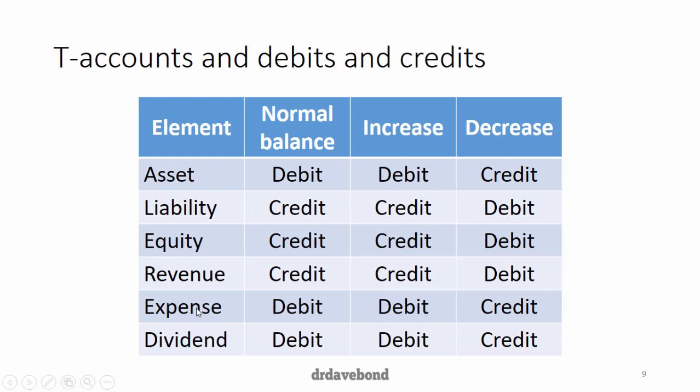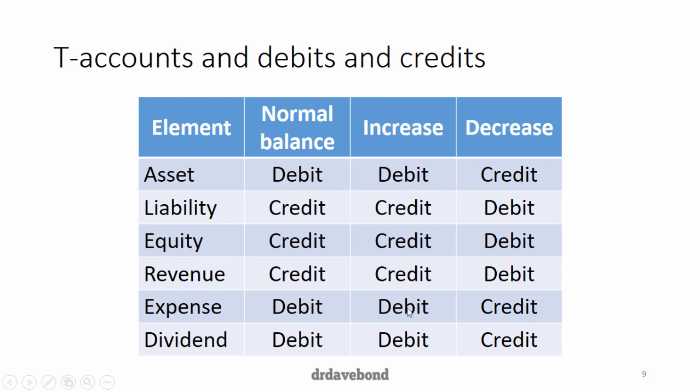When we look at revenue, expenses, and dividends, we'll just focus on this middle column for a second. Revenues ultimately increase equity. The best way to think about it is they do the same thing as equity, so they operate the same way. So when a revenue occurs, you increase with a credit.